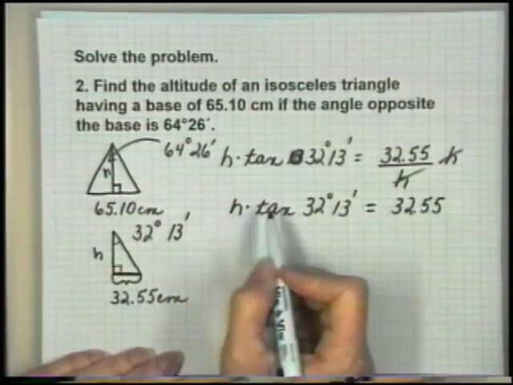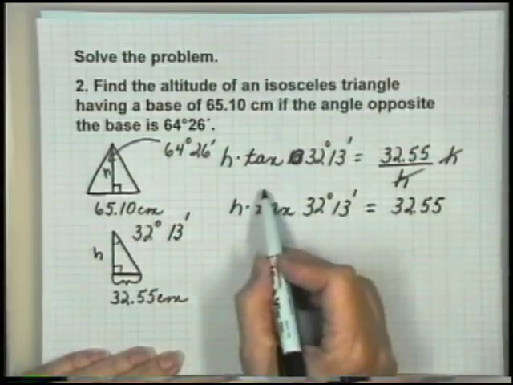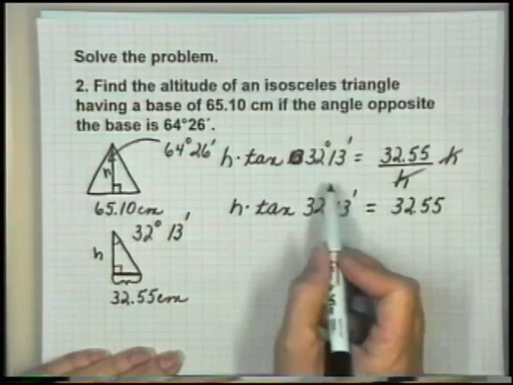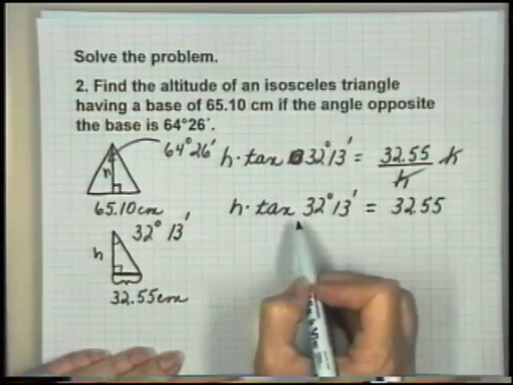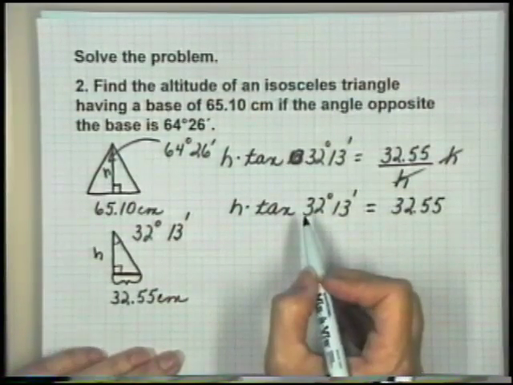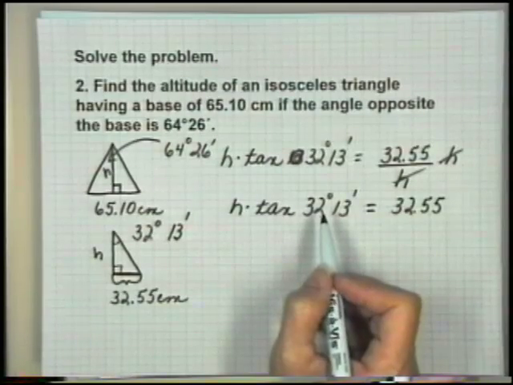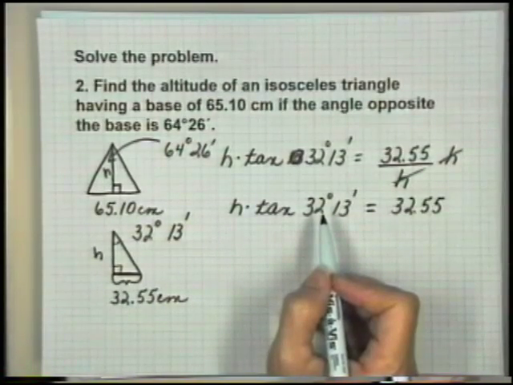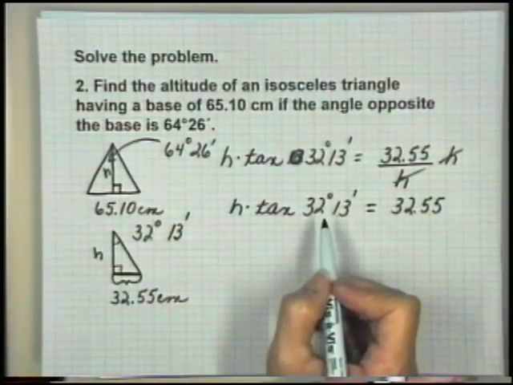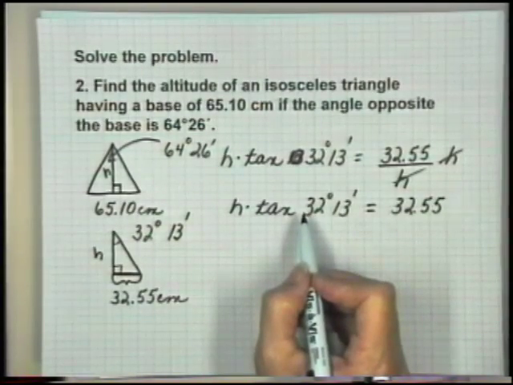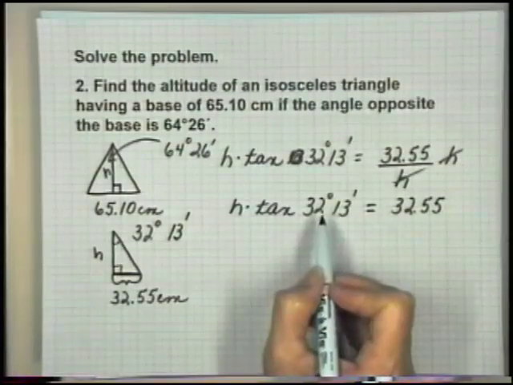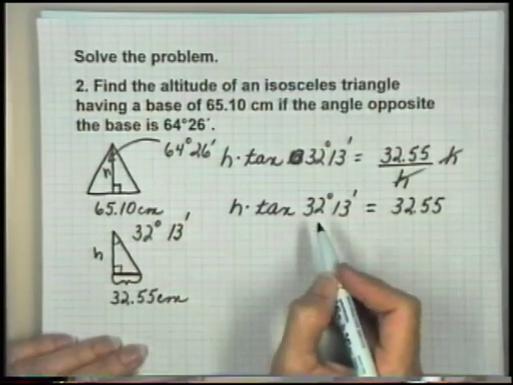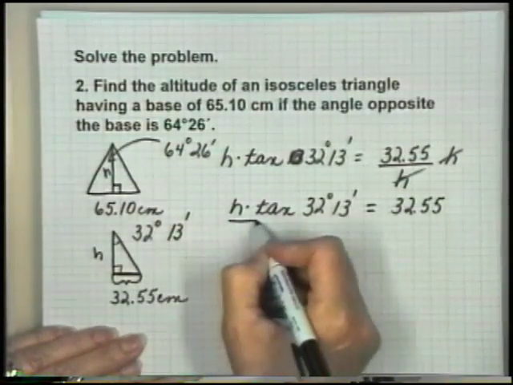Now to get H by itself, since it's been multiplied by this quantity, remember this quantity just represents a number, and I can manipulate that number just like I would manipulate any number. So to undo this multiplication, I will divide both sides by this tangent.